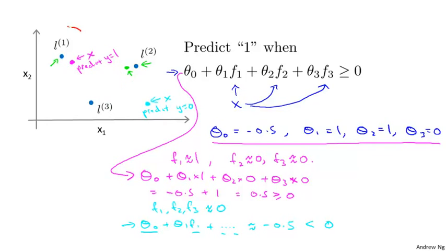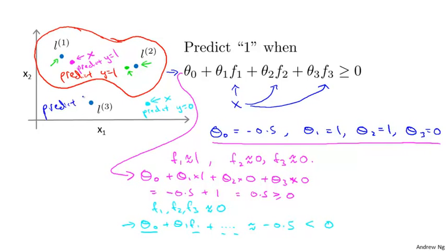And so the decision boundary of this hypothesis will end up looking something like this, where inside this red decision boundary we predict y equals 1, and outside we predict y equals 0. So with this definition of the landmarks and of the kernel function, we can learn a pretty complex nonlinear decision boundary like what I just drew, where we predict positive when we're close to either one of the two landmarks, and we predict negative when we're very far away from any of the landmarks.